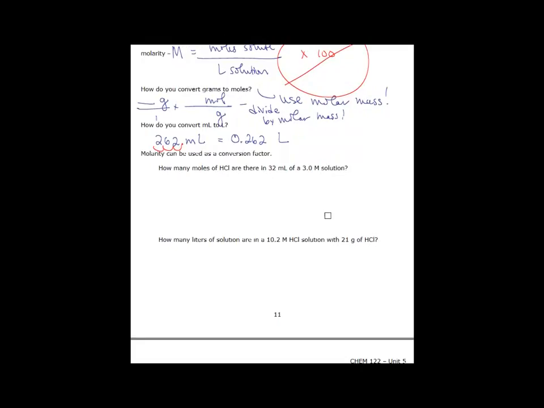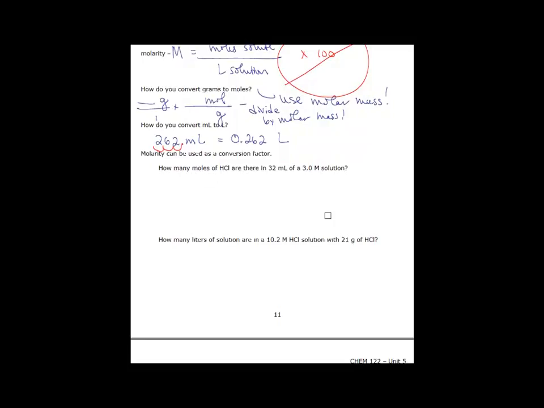Just like the other concentrations we saw, mass, volume, and mass-volume percent concentrations, molarity can be used as a conversion factor just like they were. So, here is a typical question that you will come across when dealing with molarity problems. How many moles of HCl are there in 32 milliliters of a 3 molar solution?